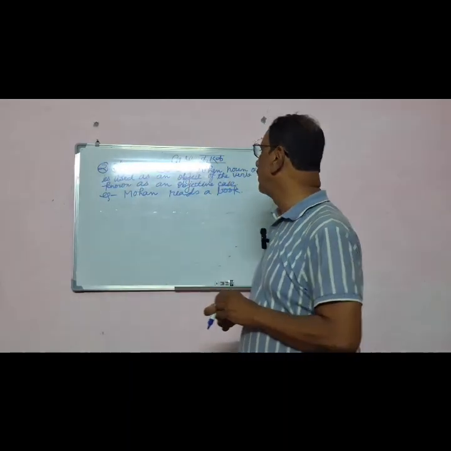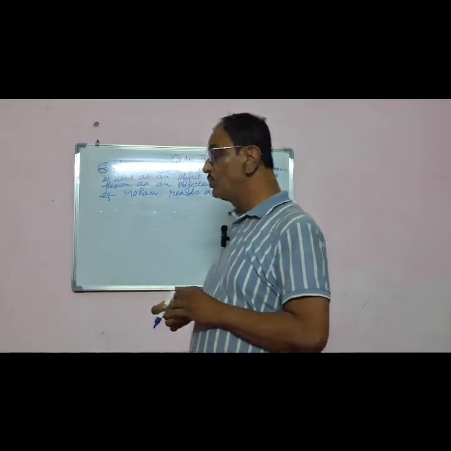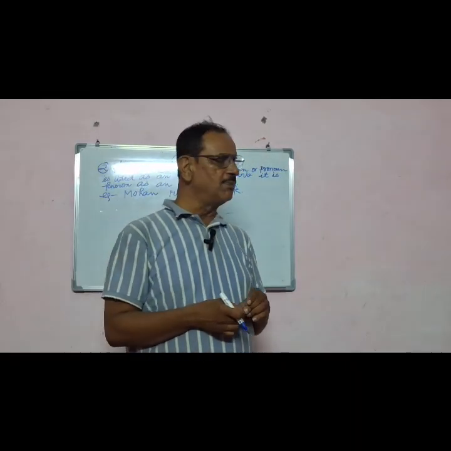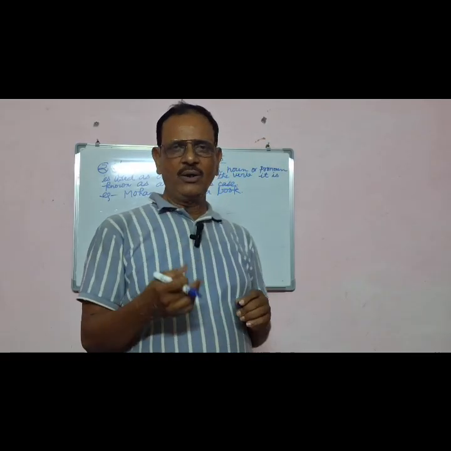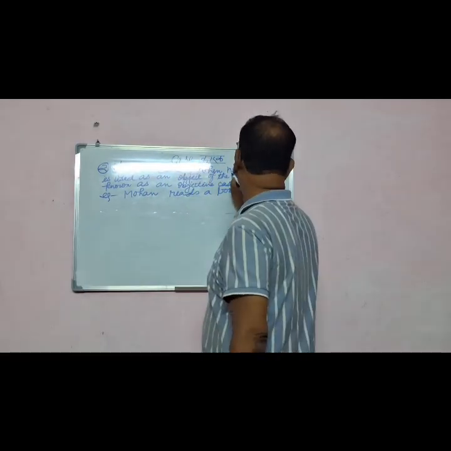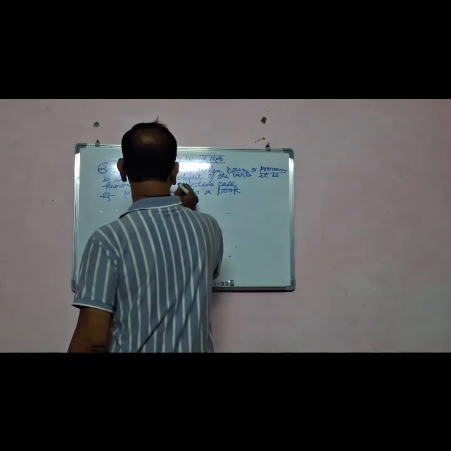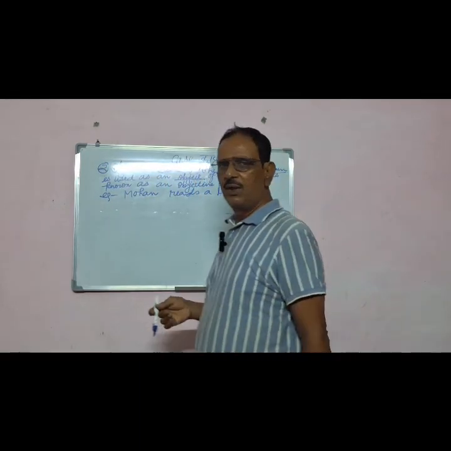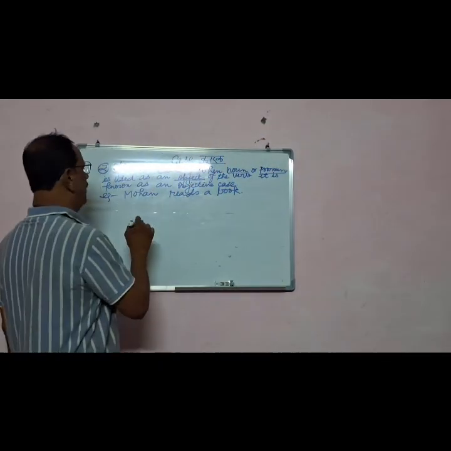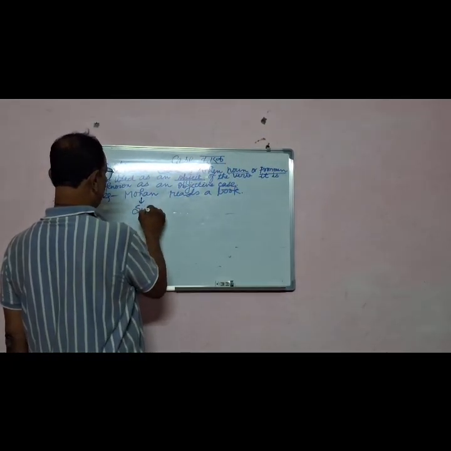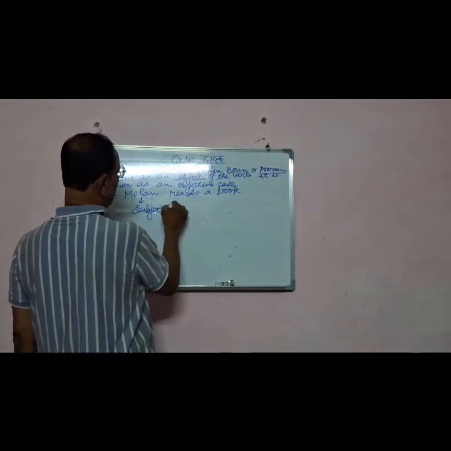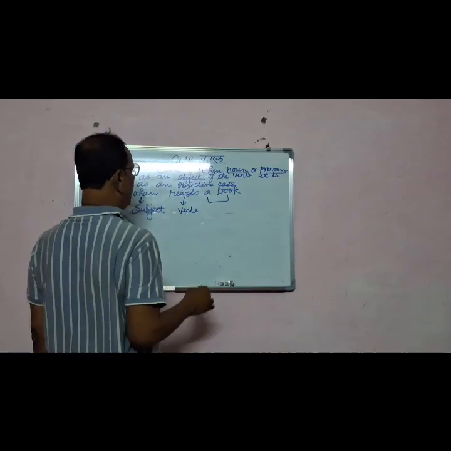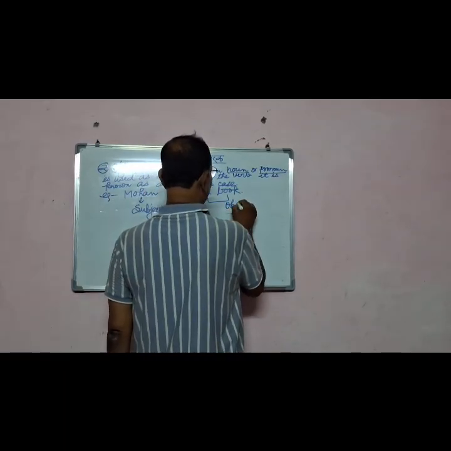In nominative case, when noun or pronoun is used as a subject of the verb, then it becomes nominative case. At the same time, when noun or pronoun is used as an object of the verb, it is known as an objective case. Suppose here the example is Mohan reads a book. This Mohan is what? Subject here. Reads is the verb, and this a book is an object here.